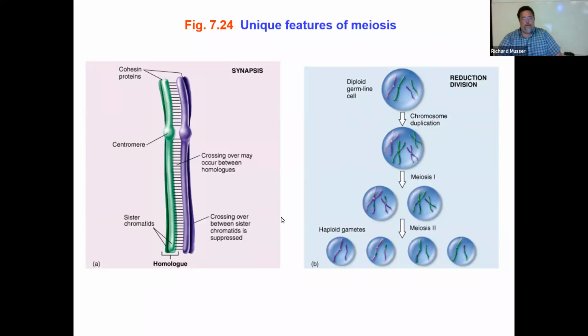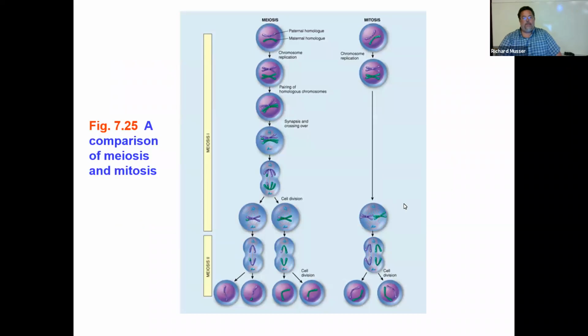Again, I feel like I've hammered this and explained this enough to you. Here's our diploid and different phases. Look at this slide here, this may be worthwhile. Here we have our meiosis and our mitosis. So far, everything's the same. We doubled the number of chromosomes.